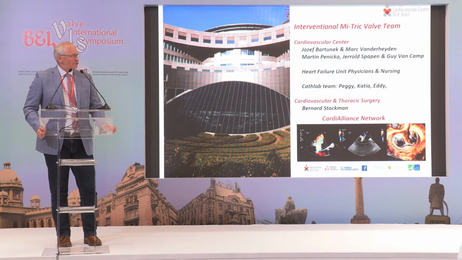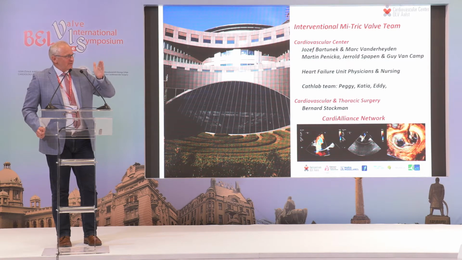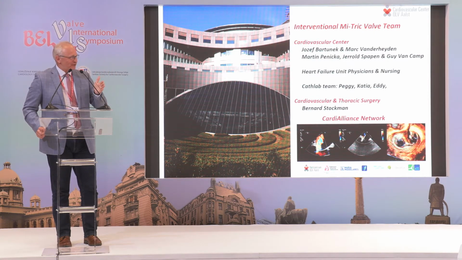And also when you see the COAPT criteria, it was like an algorithm tree. There was an EROA threshold, then a different criterion. There was vena contracta, there was regurgitant fraction. So there was a certain tree that you cannot basically take as one single measurement.